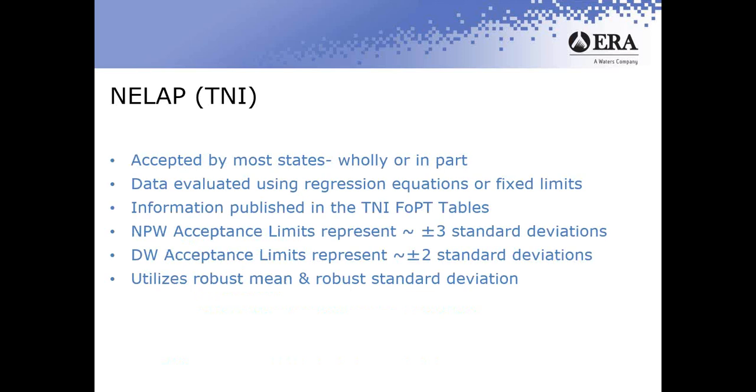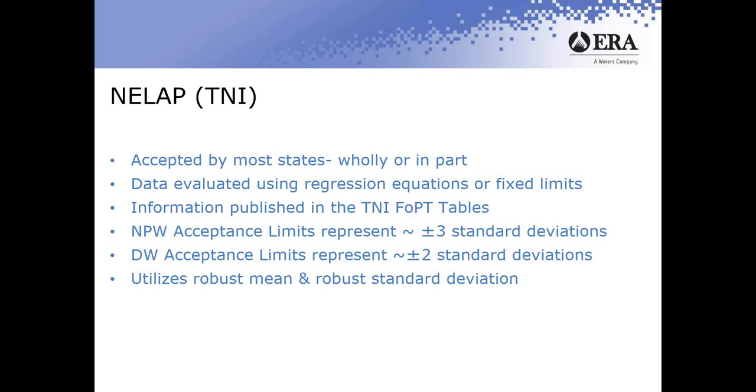So with that, the T&I approach, or NELAP, it's accepted by most states either wholly, wholly being there's 13 official NELAC states, and most other states will accept the T&I approach in part, or some hybrid of that. The data are evaluated using regression equations or fixed limits.